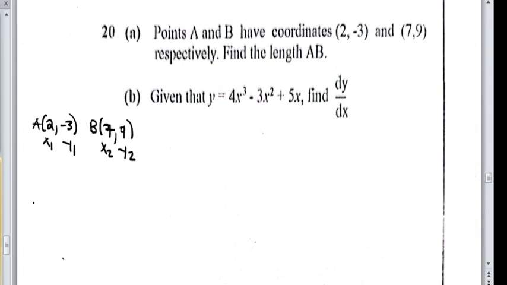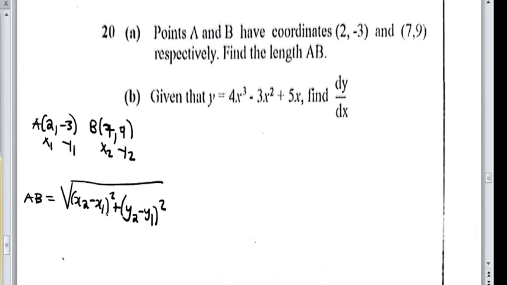The length of AB is given by the formula, the square root of (x2 minus x1) squared plus (y2 minus y1) squared. That's the formula we use to find the length. Then, where we know our x1, y1, x2, y2, we just substitute.